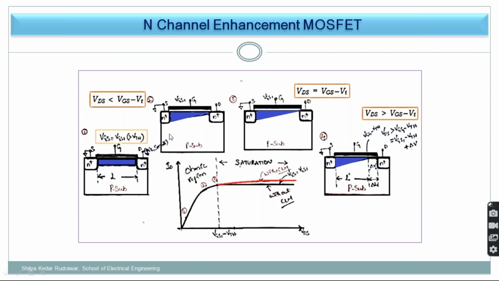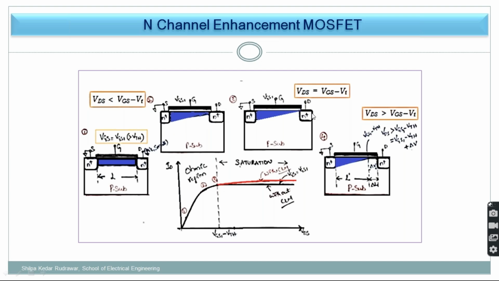Now suppose in the second case my VGS is the same, greater than VT, so the channel is formed, but now I have applied a certain VDS. Because of that, the PN junction at this side becomes reverse biased and there is a depletion region, and it will taper your channel. Previously it was parallel, but now it is tapered at the drain edge because the voltage at the drain edge is more.